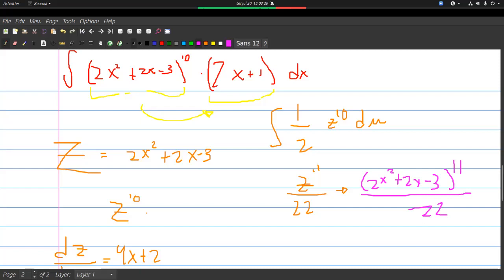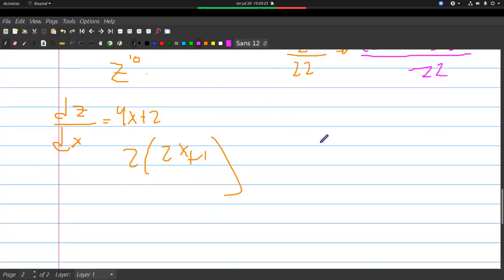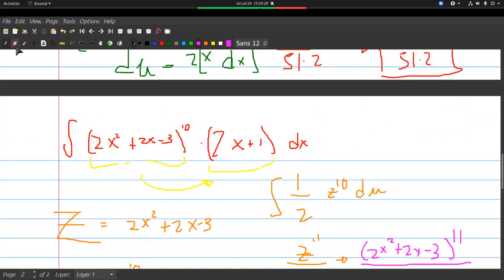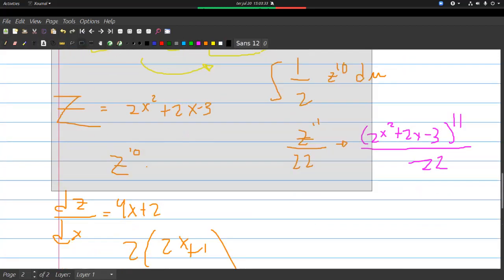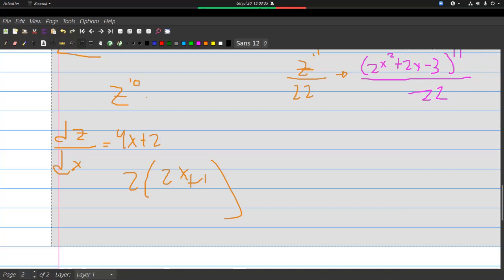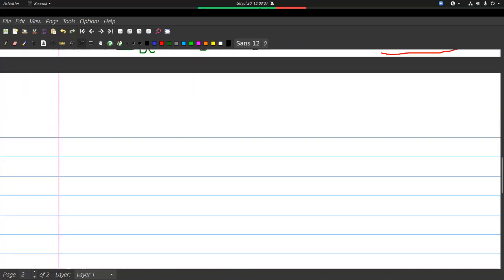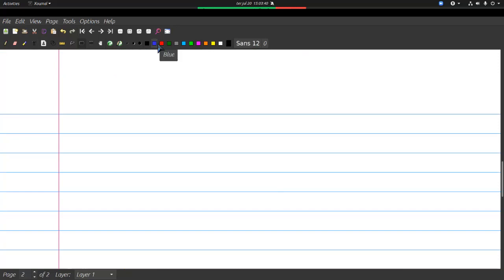Let's go to the next one, shall we? Let me clear this up. Okay, so we have x to the 3rd power minus 2, all of this raised to the 1/7, times x squared.